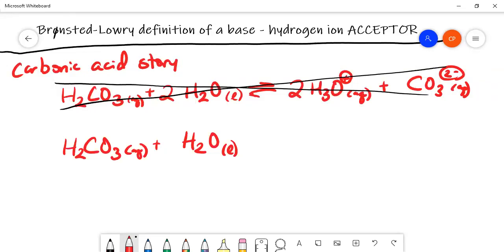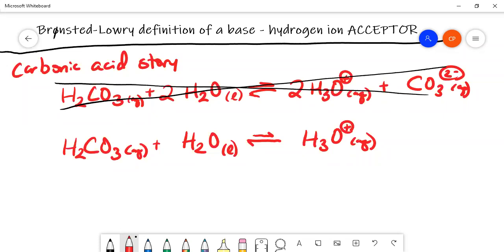We're going to lean on one-to-one stoichiometry very, very hard. And not just because it's more convenient, because it actually represents what's happening. I'm only going to break one hydrogen ion free from the carbonic acid molecule.